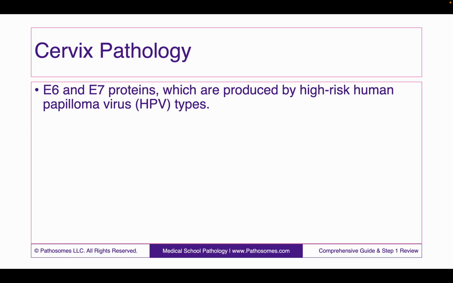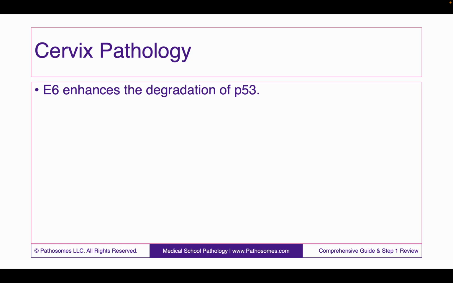And as you know, there are certain proteins that are important for the process of HPV infection, right? E6 and E7 proteins. And those are produced by the high-risk human papillomavirus types. E6 enhances the degradation of P53, right?